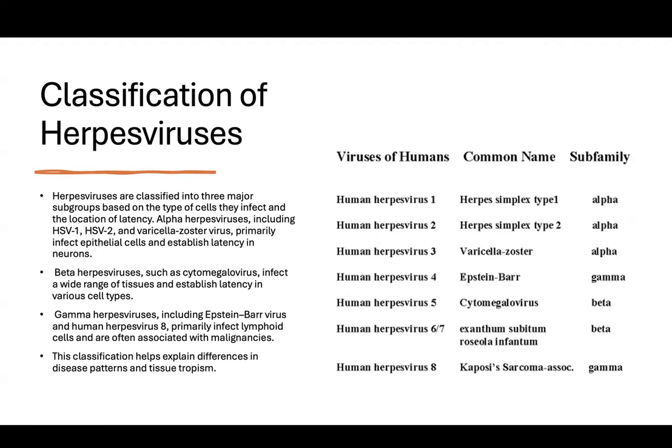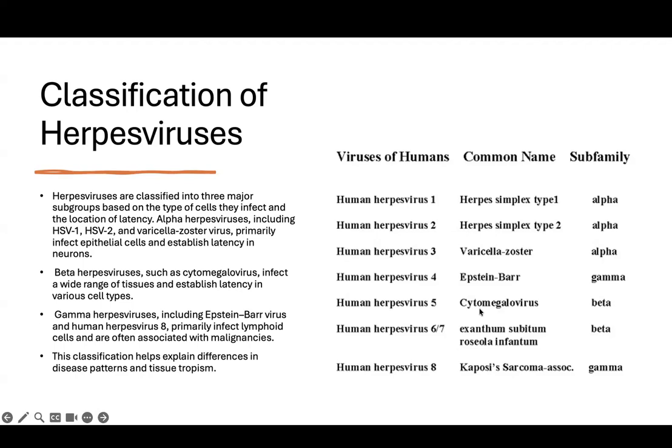These guys love to infect epithelial cells, but they love to establish latency in neurons. So they have this specific tropism to go into neurons and establish latency there. So if I say alpha subfamily, think about herpes viruses that love to go to neurons to do latency.